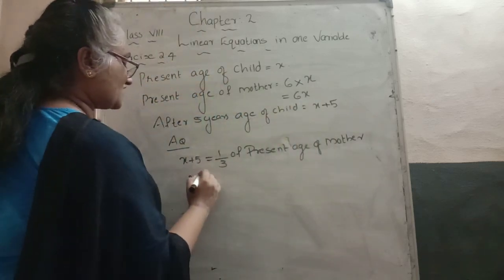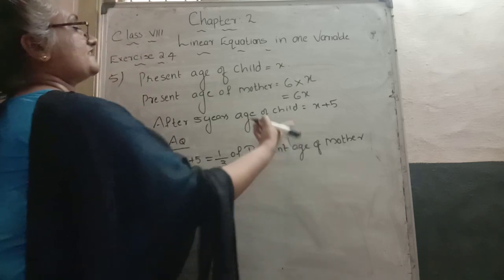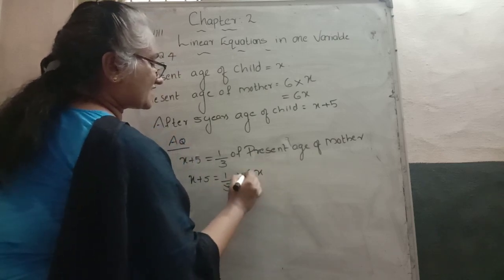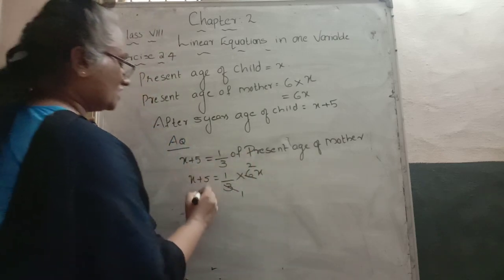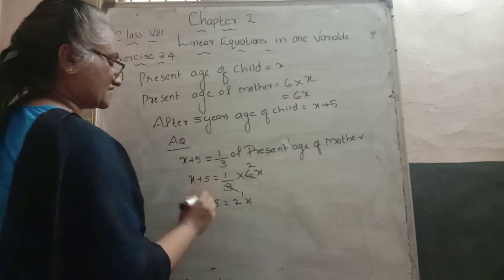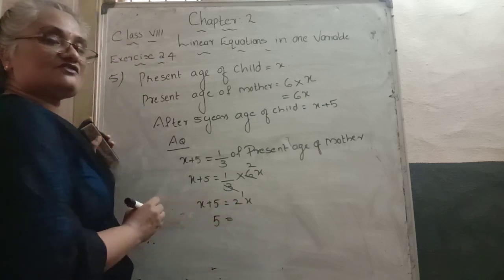That means X plus 5 equals 1/3 into the present age of mother, which is 6x. 3 table use and cancel: 3 table 6, 2. So X plus 5 equals 2x. 1 into 2, 2x. So X terms we bring to one side and constants keep on the other side.